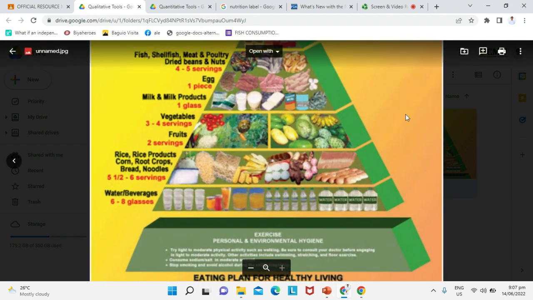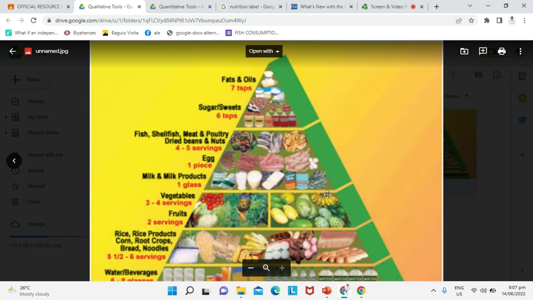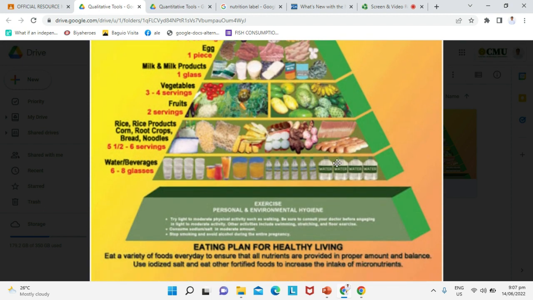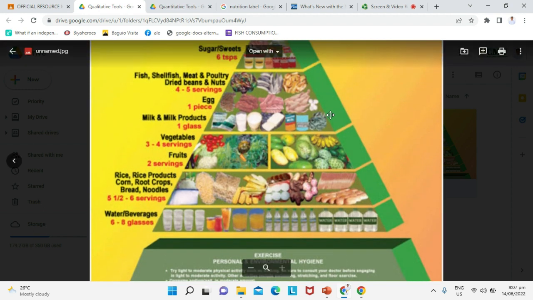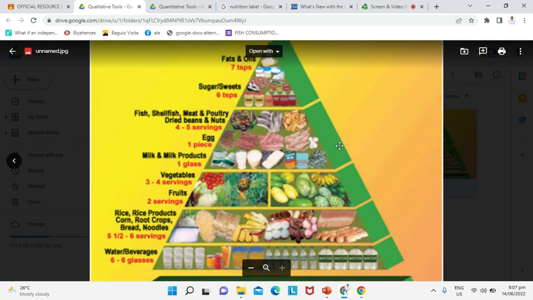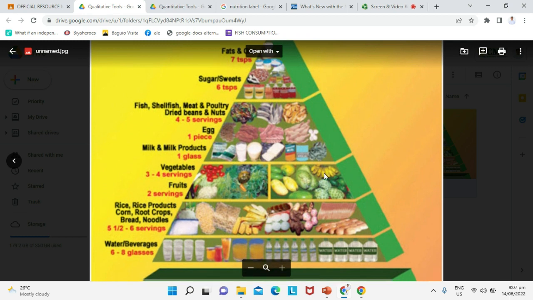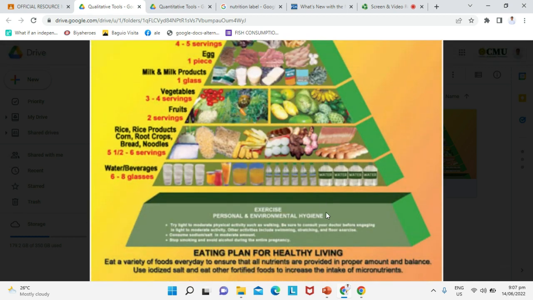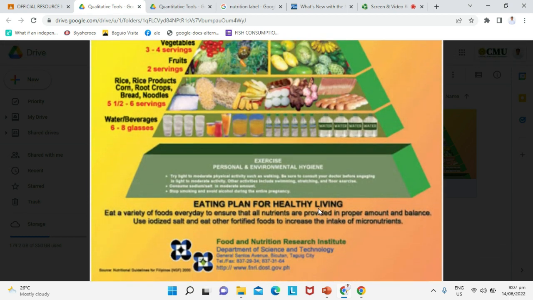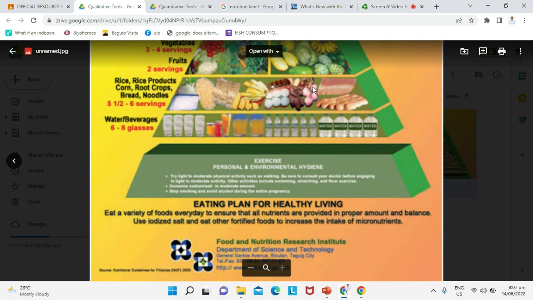Actually, you can download this so it's available offline. I think it won't be pixelated if you download it. But anyway, I assume it is clear.